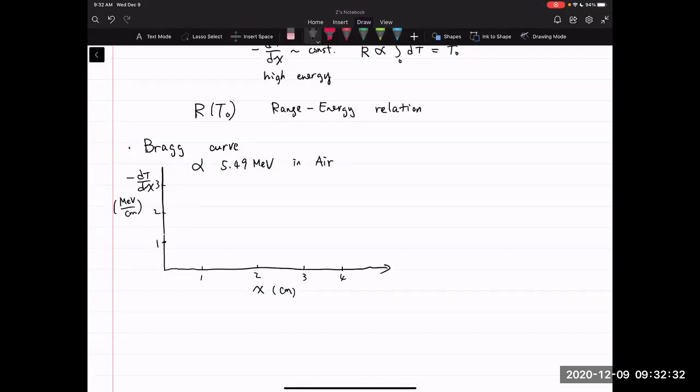The initial kinetic energy is large, so it starts from a small number. As the charged particle begins to lose energy and slows down, the stopping power increases because of the 1 over T dependence. The stopping power starts with a small value and then increases.